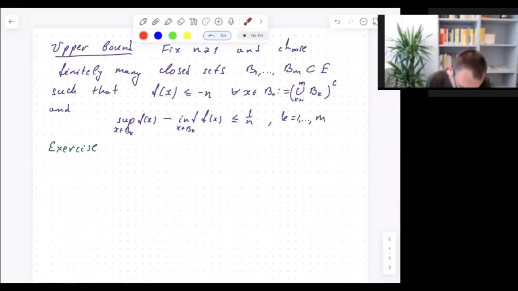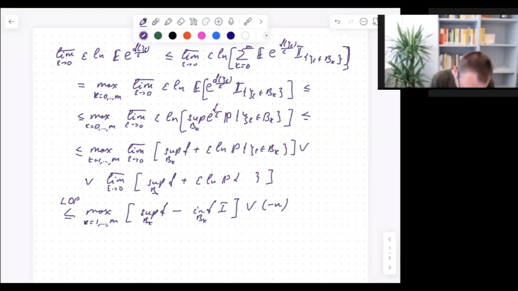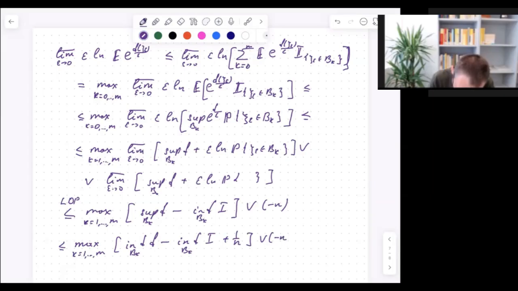Therefore, what we can do, we can replace this supremum by the infimum plus 1 over n. Because you see that when you leave the supremum here and move the infimum to the right hand side, you will have that the supremum is less or equal than the infimum plus 1 over n. Then we have that it is less or equal than the maximum over k from 1 to m of the infimum over bk of f minus the infimum over bk of the function I plus 1 over n, and then the maximum with minus n.